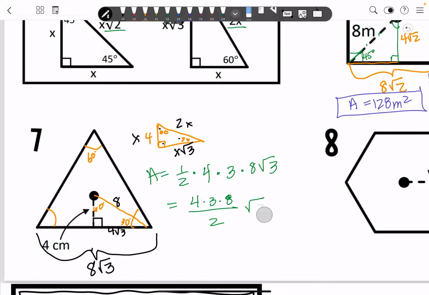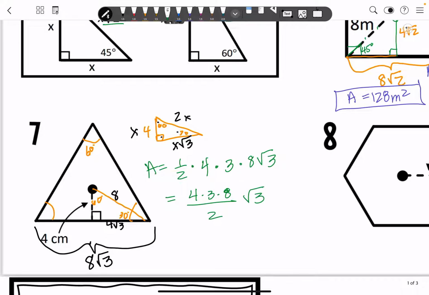Multiply it by that square root of 3, because it's outside times outside and inside times inside. So you get 4 times 3 times 8. You're going to divide that number by 2, so it's 96 over 2 square root of 3, which means that it's really 48 square roots of 3 centimeters squared.